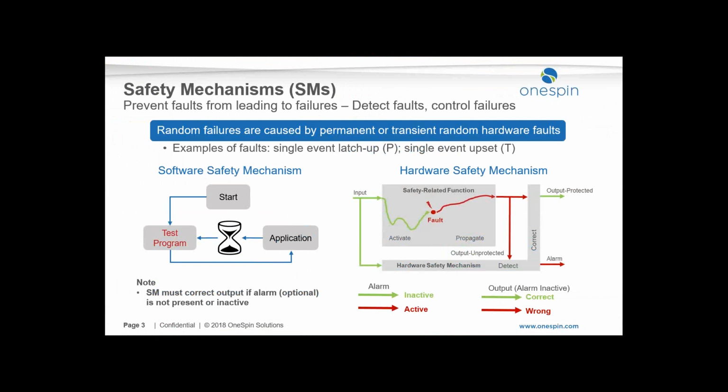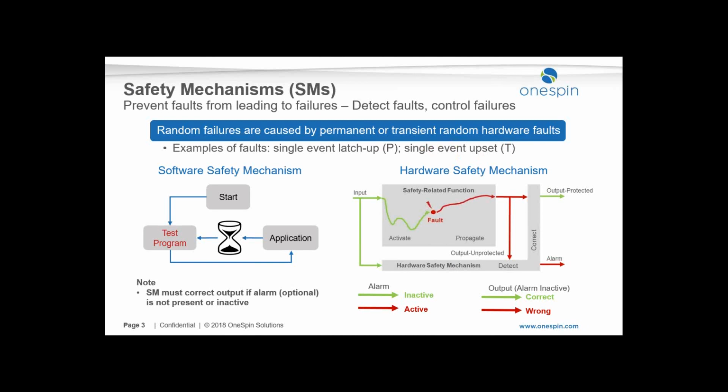We can have different types of hardware faults, and we distinguish typically between permanent faults, that cause permanent damage in the circuit, for example, a single event latch up, or we can have transient faults, for example, single event upset, which could be a bit flip in the memory due to some alpha particle or some other physical phenomenon.